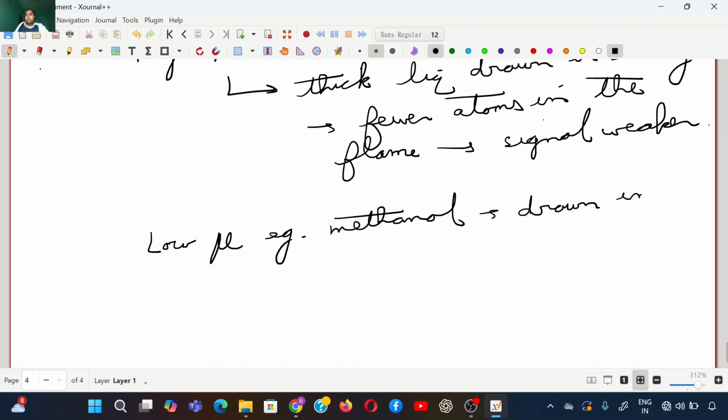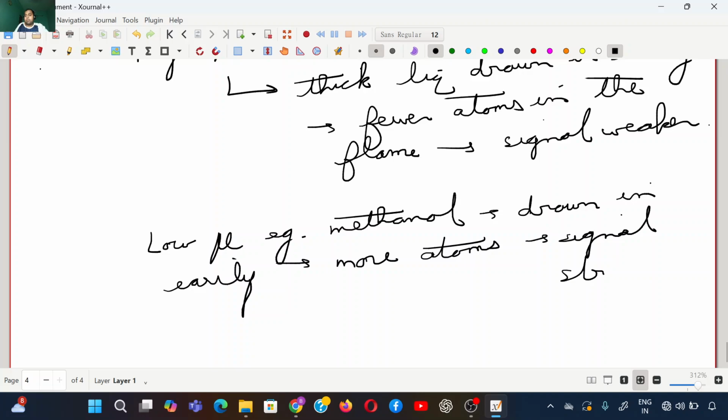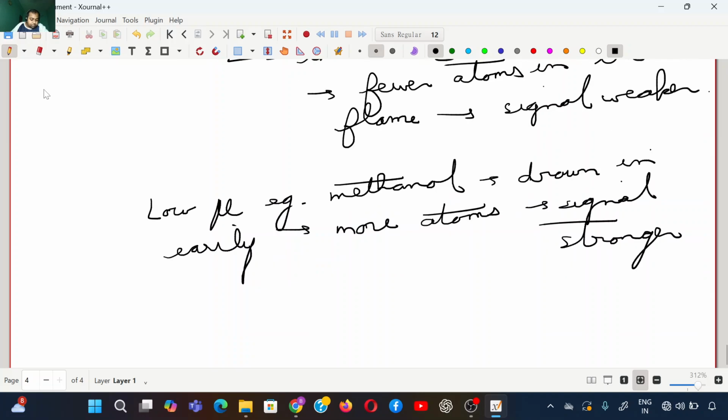So obviously there will be more atoms. The signal will be stronger.